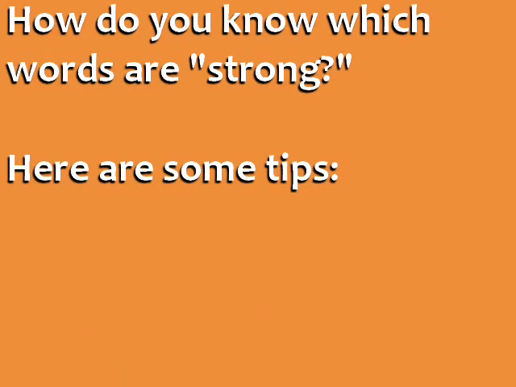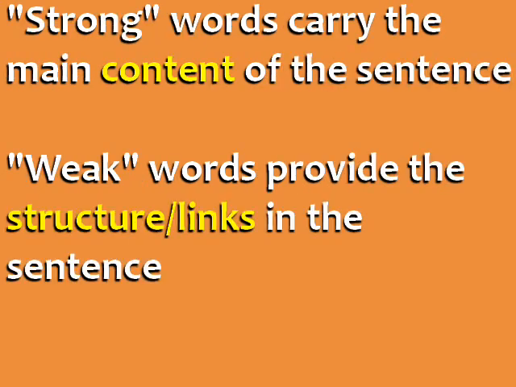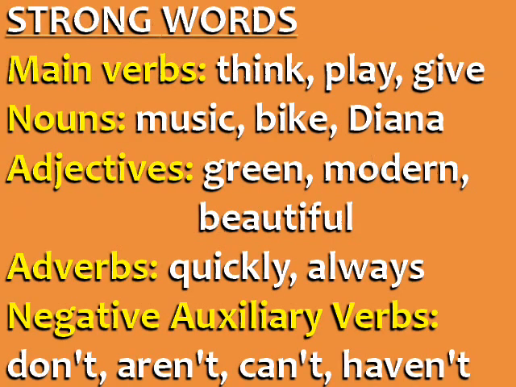How can you know which words in a sentence are strong and should be emphasized? Here are some tips. Strong words generally carry the content of a sentence, and weak words provide the structure and links in the sentence. So, strong words include main verbs like think, play, and give.